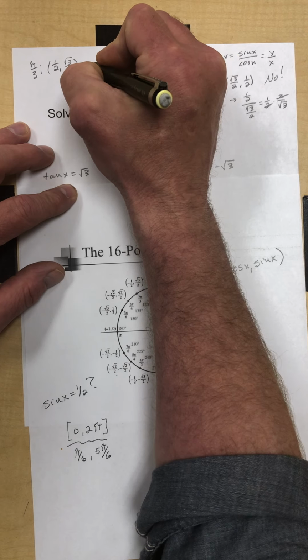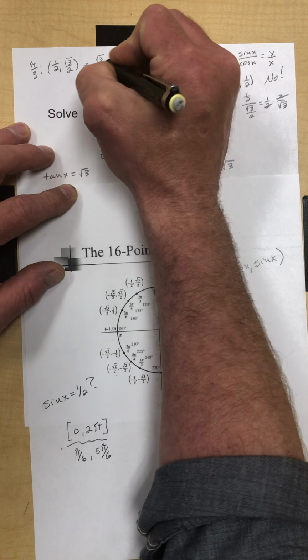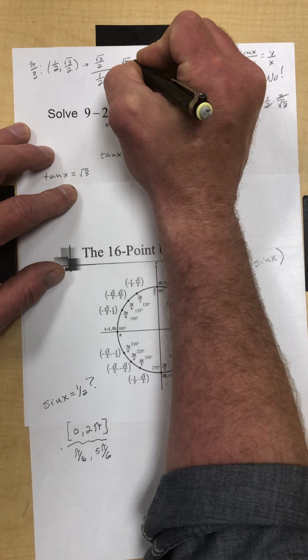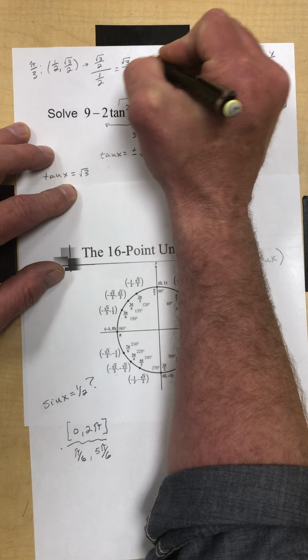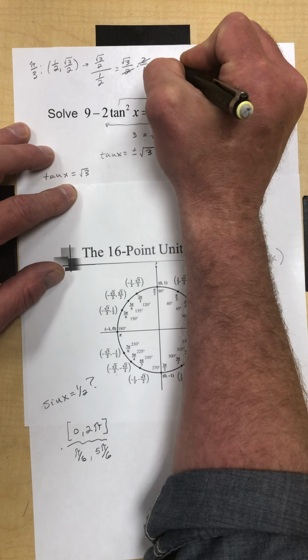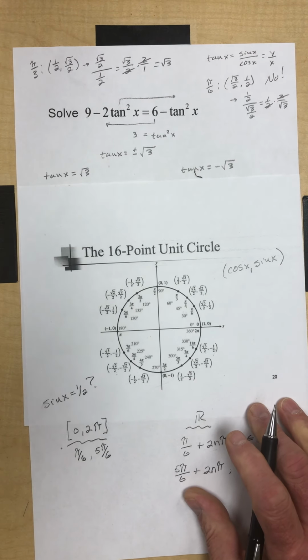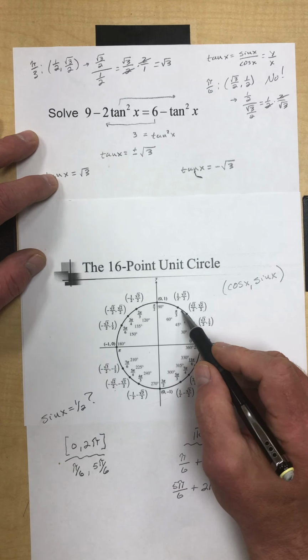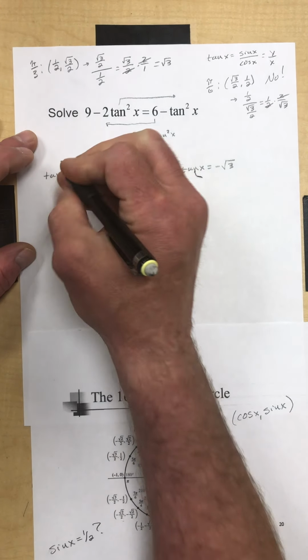So let's go radical 3 over 2 divided by 1/2, and that would give me radical 3 over 2 times 2 over 1. Notice they cancel and it gives me radical 3. So the tangent of x would be equal to radical 3 at pi over 3.